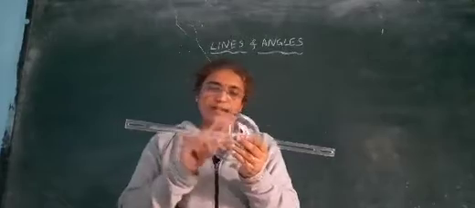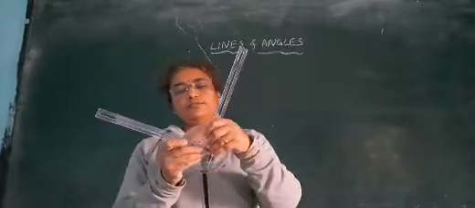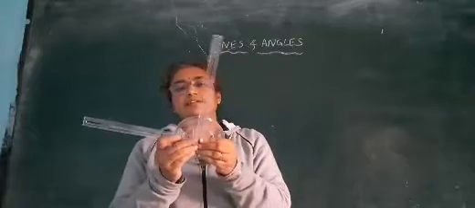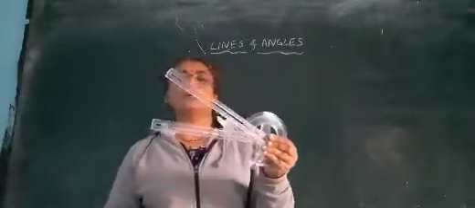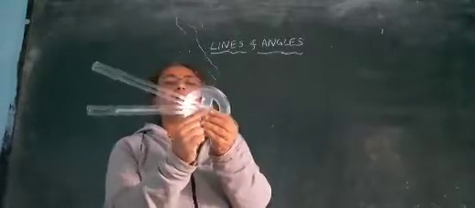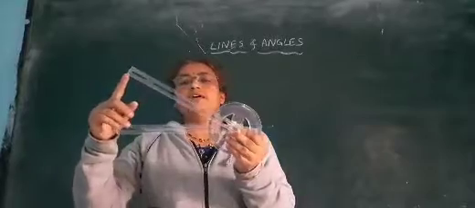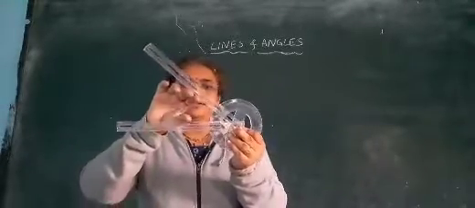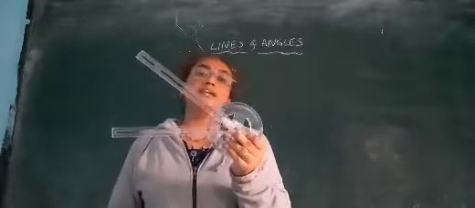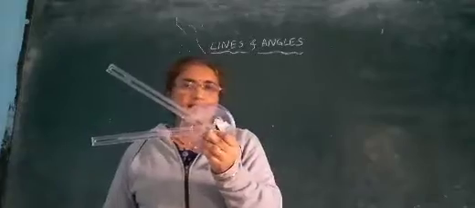So these two lines, if they have a single common point, this is the common point, they form another figure of geometry. What is this? We call this an angle. Correct, you are right.